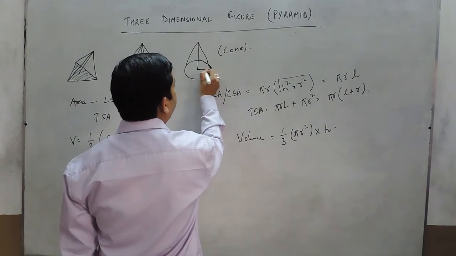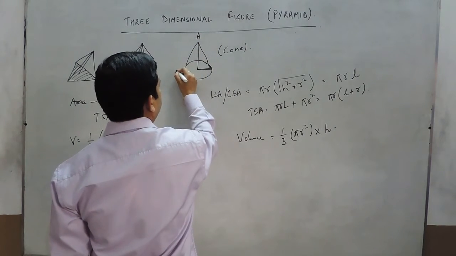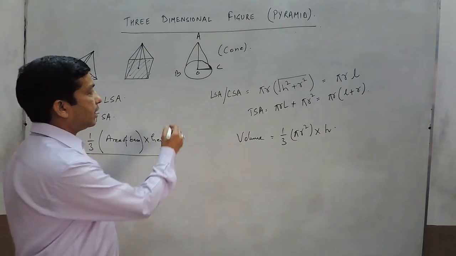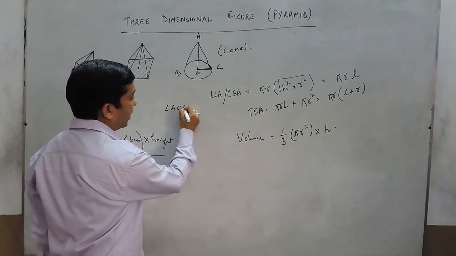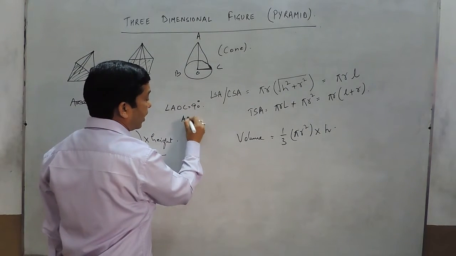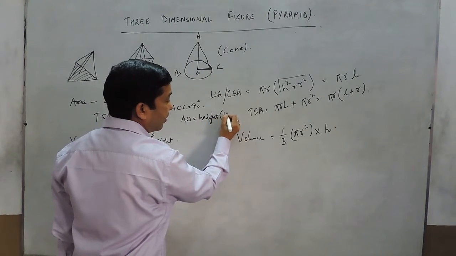Now, an important thing is that if we take this cone into consideration, then in triangle AOC, angle AOC is equal to 90 degrees. AO is known as height, which is denoted by h.